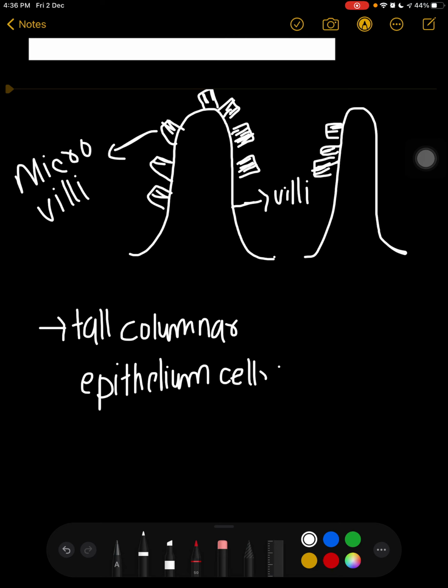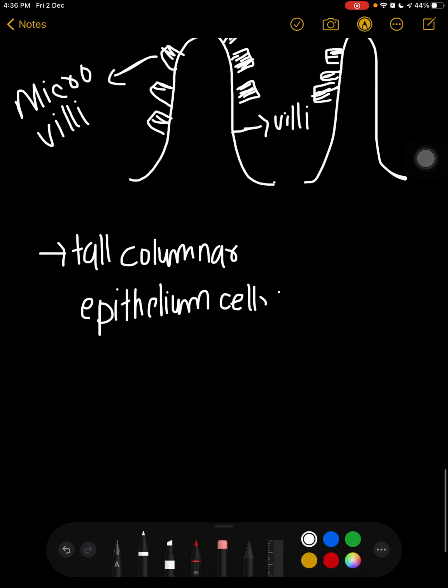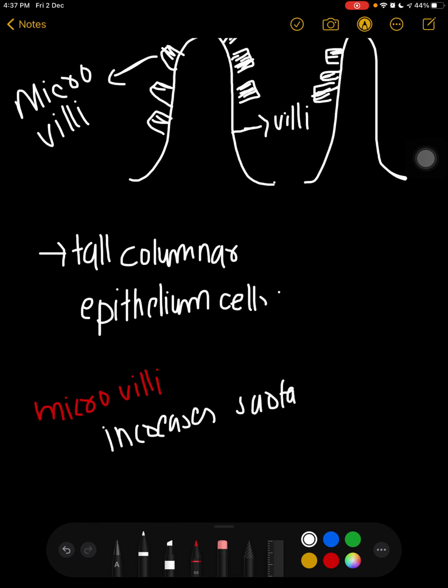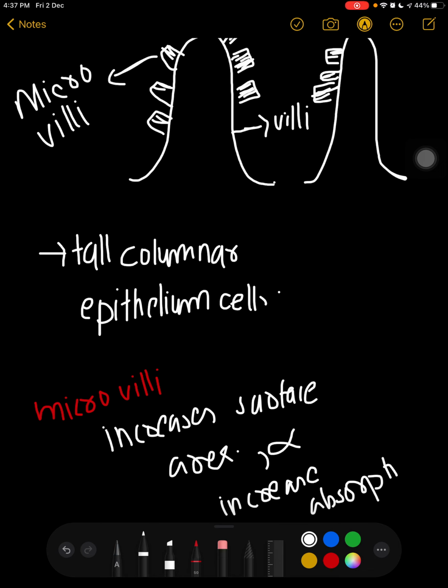So what's the work of this microvilli? This microvilli increases the surface area. If the surface area increases, it will increase absorption. That's why microvilli are there.